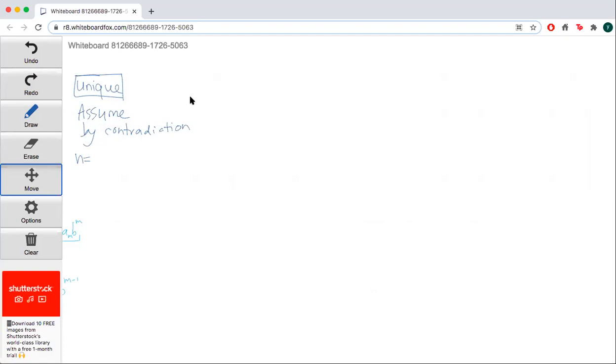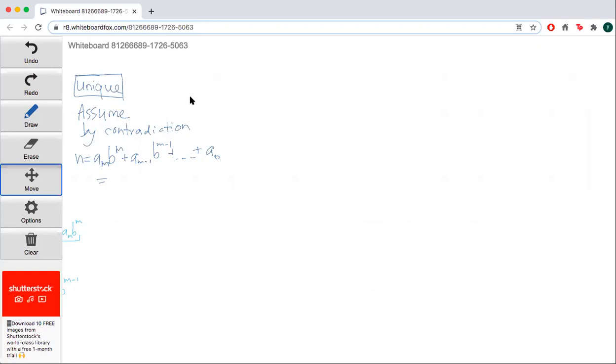what letters should I use? I'll just use A again. So a_m b to the m, I'm writing it in expanded form, plus a_{m-1} b to the m minus 1, plus dot, dot, dot, plus a_0. And it's also equal to some other digit representation.